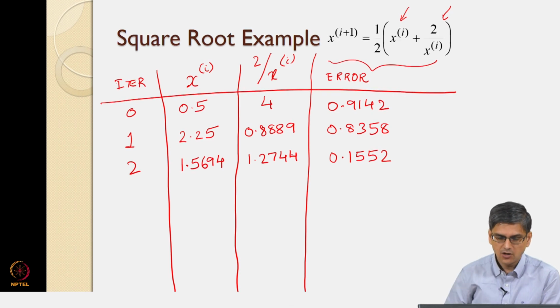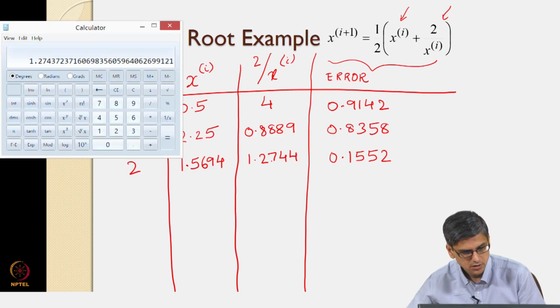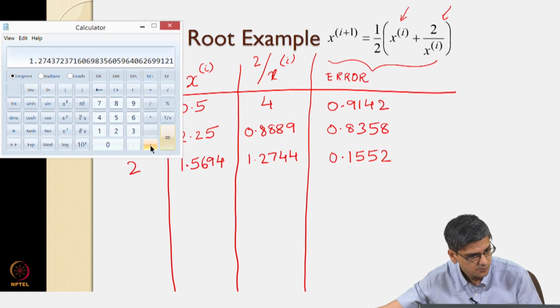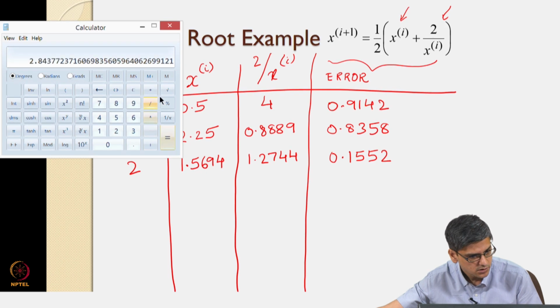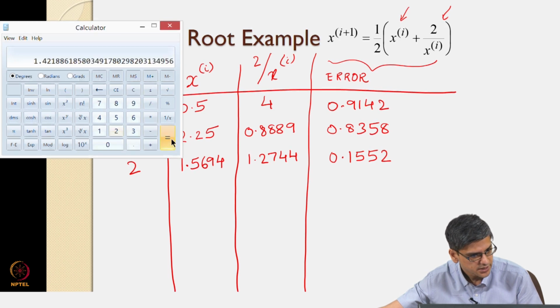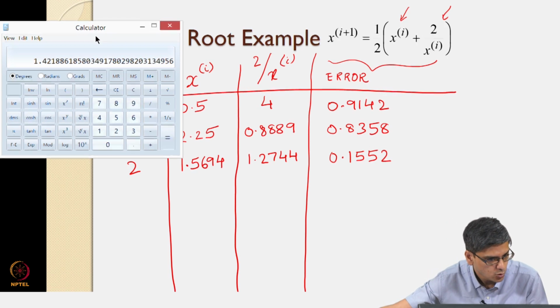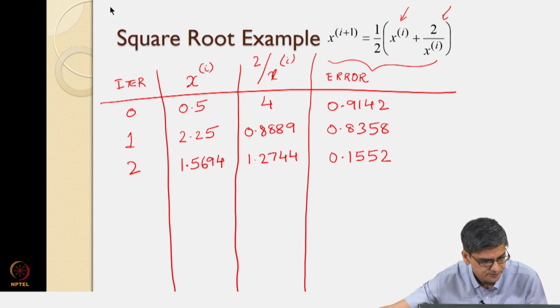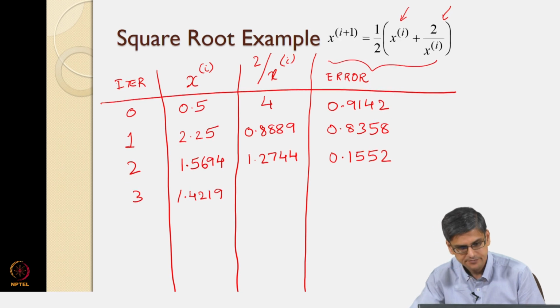We now take the average of these two values: 1.2744 plus 1.5694, divided by 2, equals 1.4219. That is the value that we get at iteration number 3.